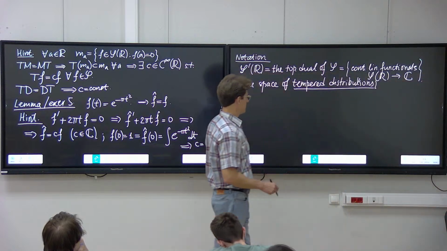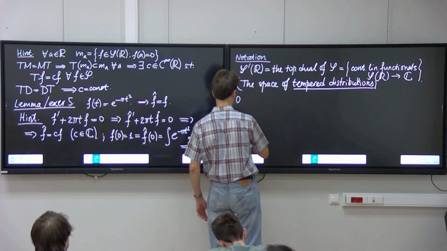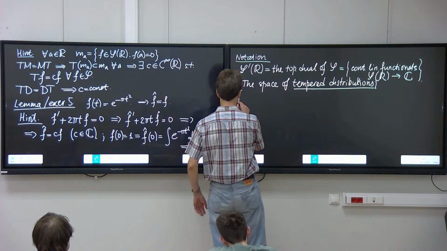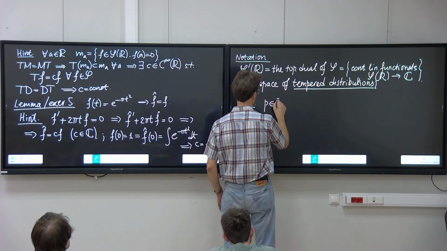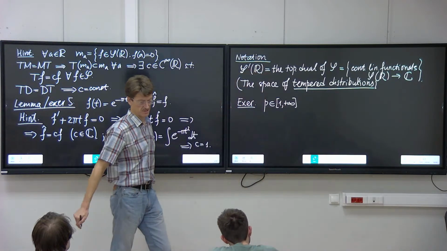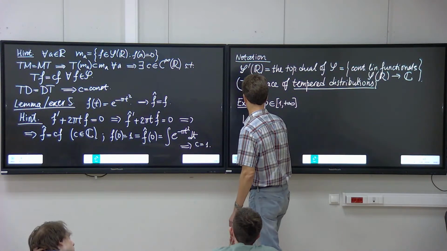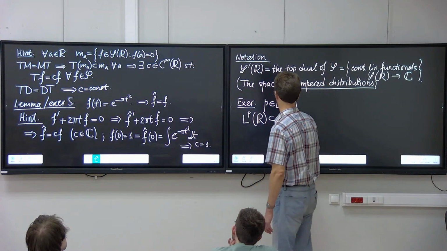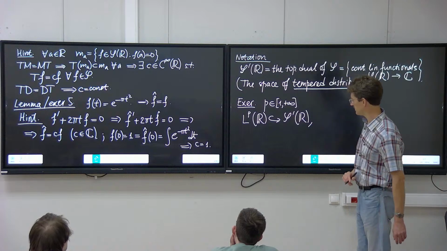First of all, let's observe that the space is indeed very big. It is a simple exercise to show that if p is a real number between 1 and infinity, possibly p is infinite, then we have an inclusion of L^p into the space S prime of R, given by the following formula.